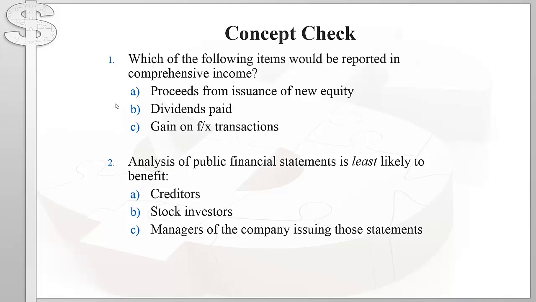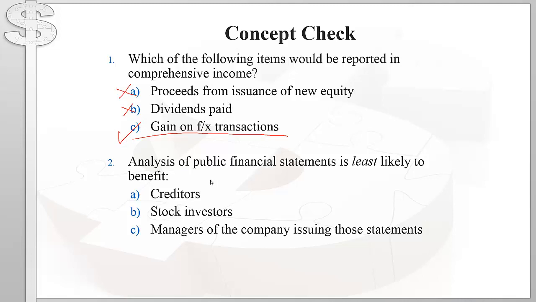Proceeds from issuance of new equity, that's a transaction with shareholders, so this cannot be part of comprehensive income. Dividends paid, again that's a part of transaction with shareholders. Gain on foreign exchange transactions, that's the right answer because it's part of other comprehensive income, which is also part of comprehensive income. So C is the correct answer.